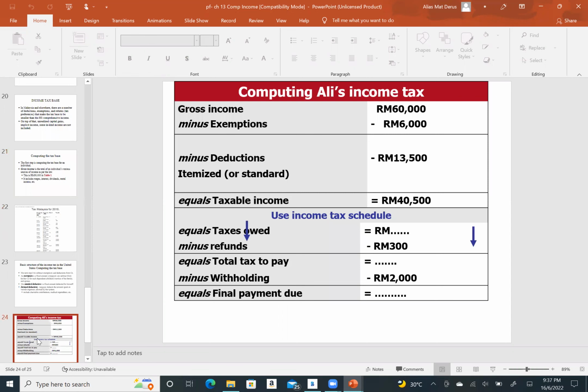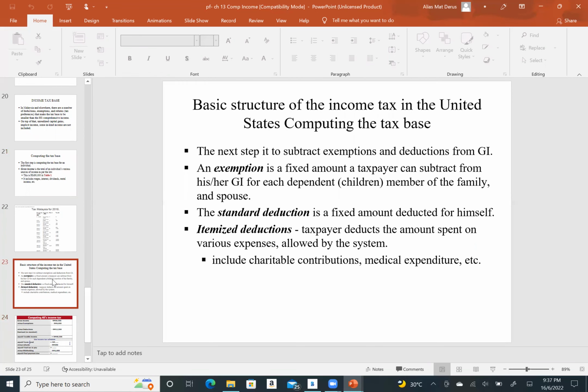So if you look here, these are the exemption, deduction, and itemized deduction. Don't worry. The next step is to subtract exemption and deduction. Exemption is a fixed amount that a taxpayer can subtract for each dependent and spouse.